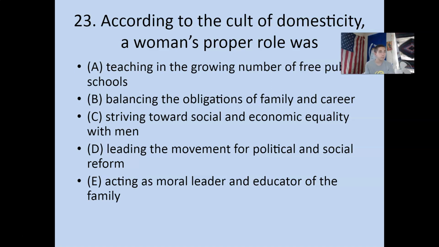D. Leading the movement for political and social reform. E. Acting as moral leader and educator of the family. The answer is acting as the moral leader and educator of the family. They were supposed to stay at home, educate the children, and be moral to their husbands.